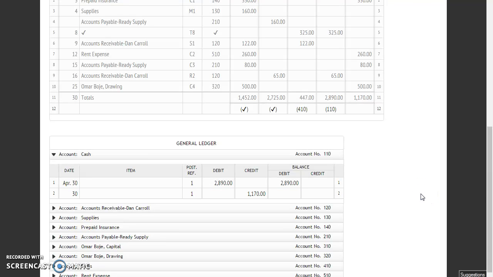So now I'm going to take that $2,890, which was my debit, and subtract $1,170 because I have a debit balance but a credit taking place. If two opposite things are happening, I subtract. A credit is going to decrease that debit amount. So my new balance is $1,720. My account number is 110, 110 back up top.